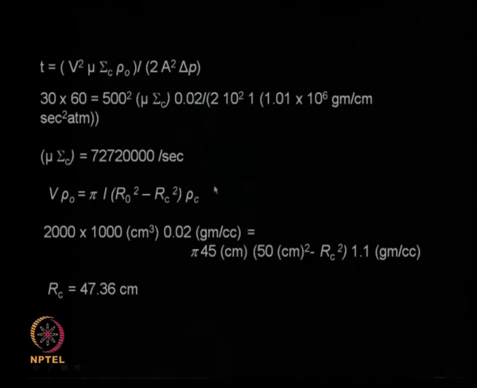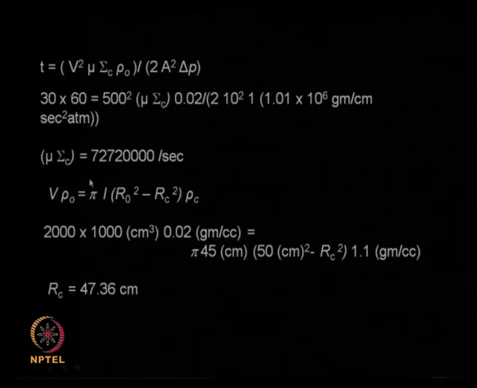Now on the right hand side we can do the amount of solids present, or the solids that are going to get accumulated in the centrifuge. This is like pi L, where L is the height of your centrifuge, into R naught square minus RC square, that gives you the area of the cake, the cylindrical cake that forms in the centrifuge, understand.